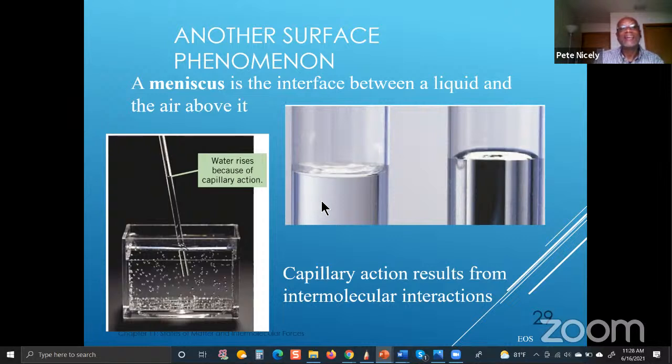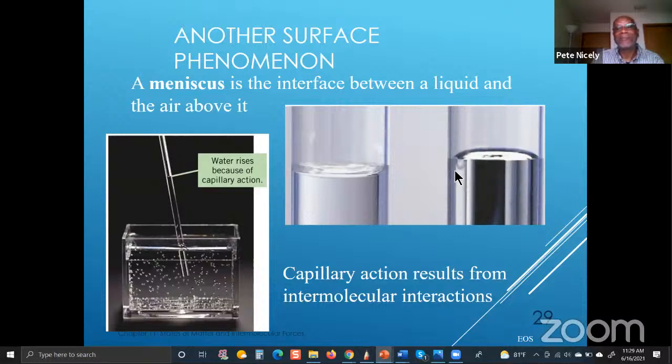Well, the reason is because in the case of water, which is what we have here in this tube, there'll be an attractive force between the water molecules and the glass surface, which will be stronger than the attractive forces between the water molecules themselves, right? So as a result of the adhesion forces being greater than the cohesion forces within the water, the curve would be like this, where the water will be attracted and pulled up the glass surface.